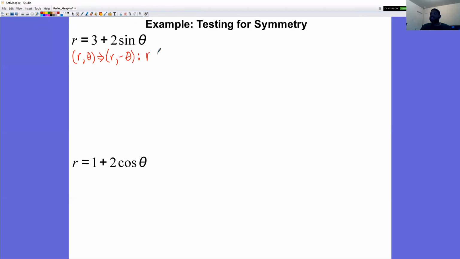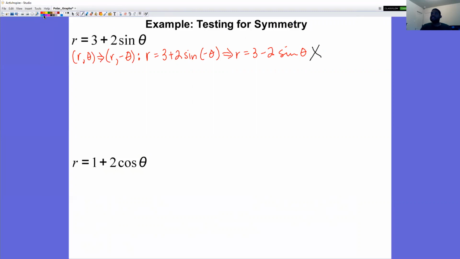So I get r equals 3 plus 2 sine of negative theta. And when I simplify that, I get r equals 3 minus 2 sine theta. And when I check it against the original equation, they do not match. So it is not symmetric with respect to the polar axis based on this calculation.